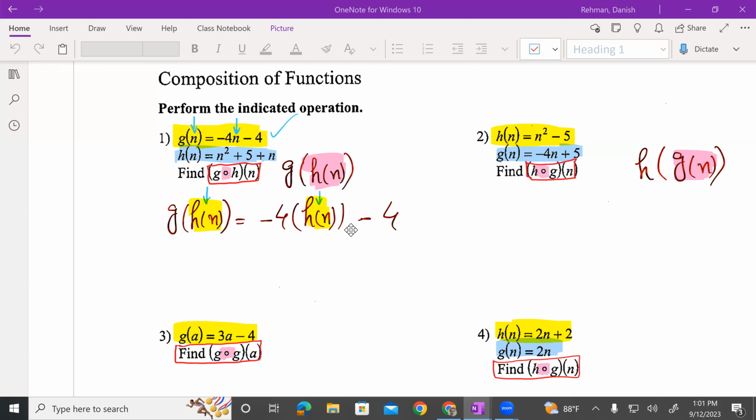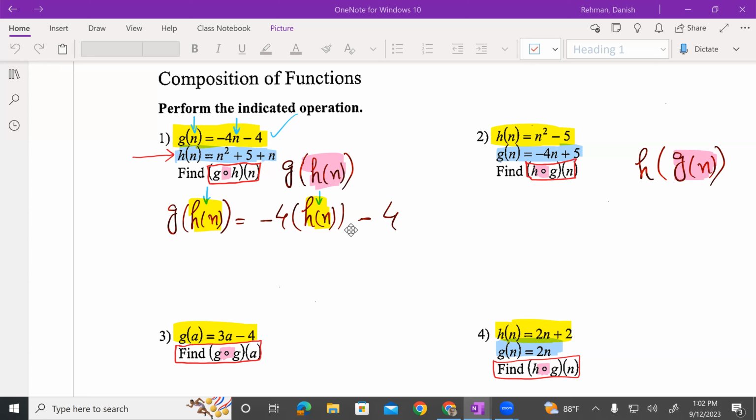First step, figure out how to write the G of H of N. Second step, pinpoint the function which you are using outside, and there replace the N or X, whatever it is, with the H of N. Last step now. What will you do in the last step? You will bring in the value of H of N and replace the yellow H of N with it.